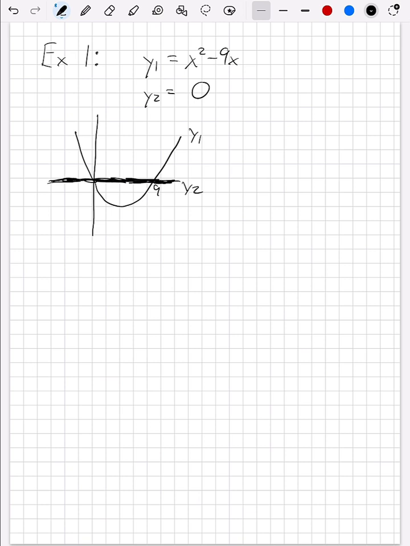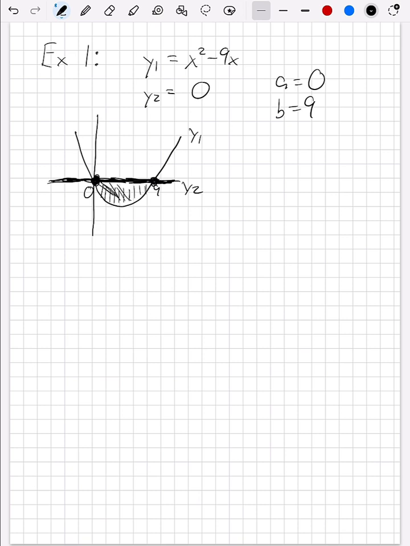So here is y2. What we're trying to find is the area between the two curves, so we're trying to find this area here. My A is going to be 0, B is going to be 9, because those are my two intersection points at 0 and 9.